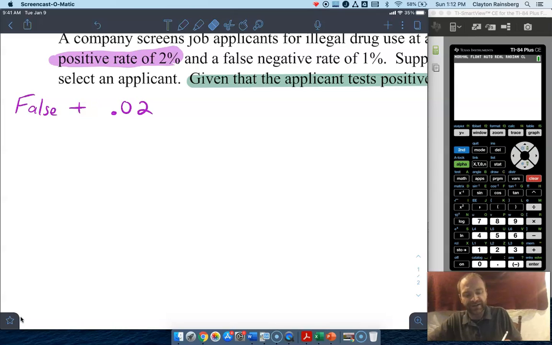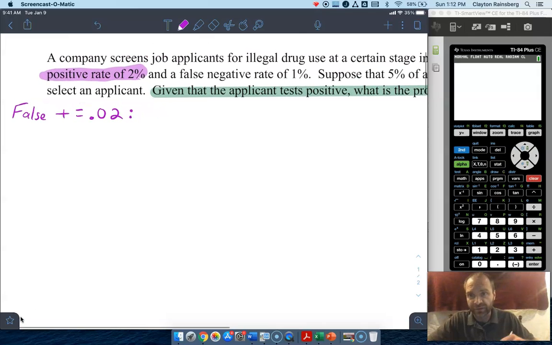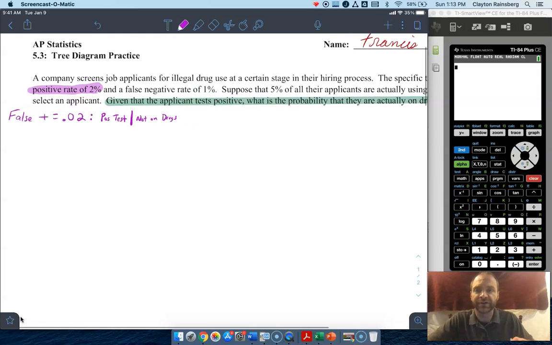A false positive means the person gets a positive test result if they are not using drugs. So this would be a positive test given that they are not on drugs. That's how we can interpret false positive.